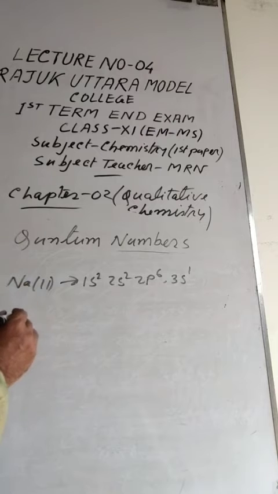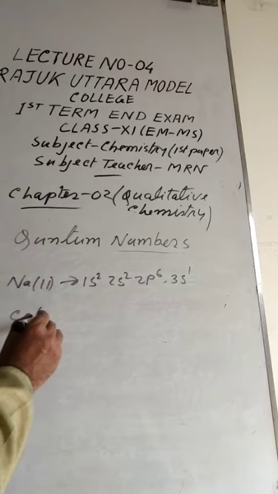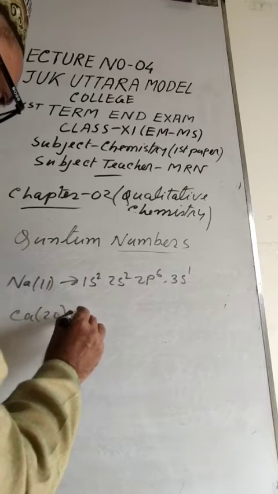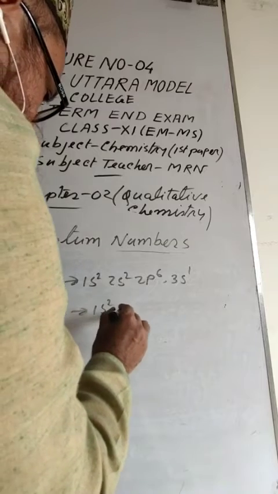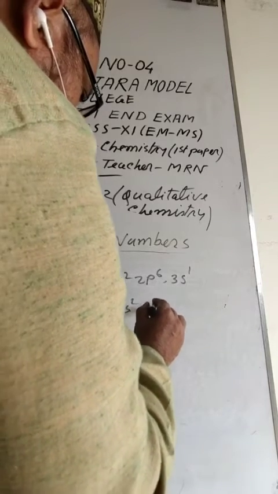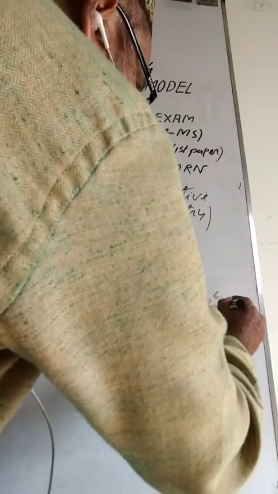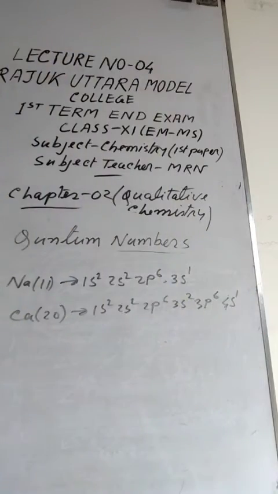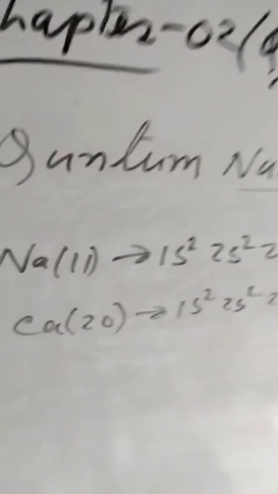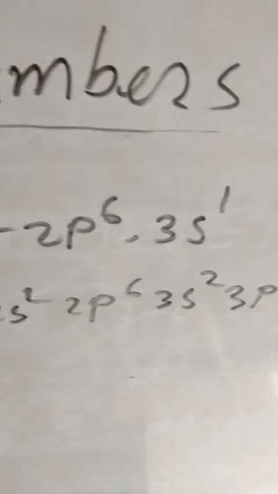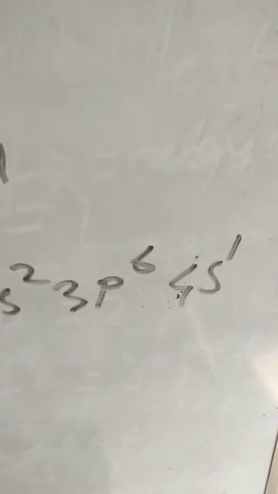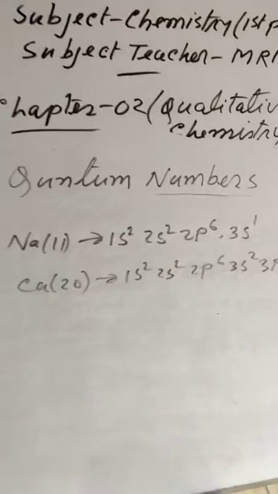Now for calcium, which has 20 electrons, the configuration is 1s2, 2s2, 2p6, 3s2, 3p6, 4s2.